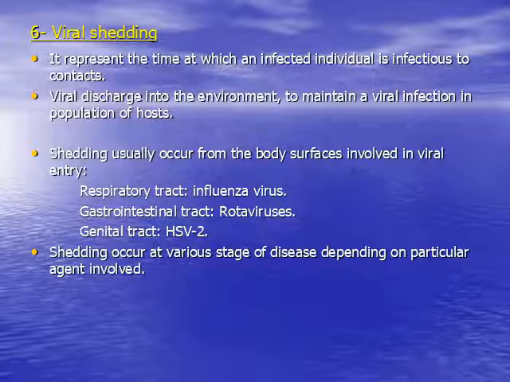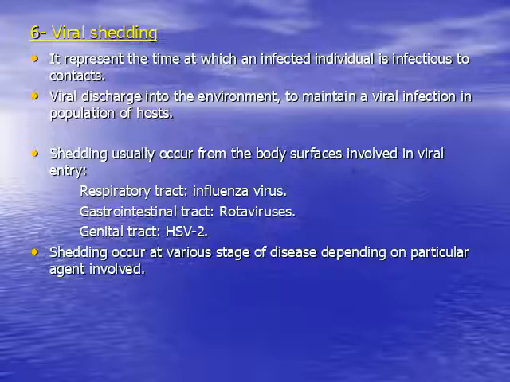For example, influenza virus enters through the respiratory tract, and the shedding of the virus also occurs with the respiratory discharge. Or in the case of rotavirus, it enters through the gastrointestinal tract, and the shedding of the virus again occurs through the gastrointestinal tract with the infected stool.